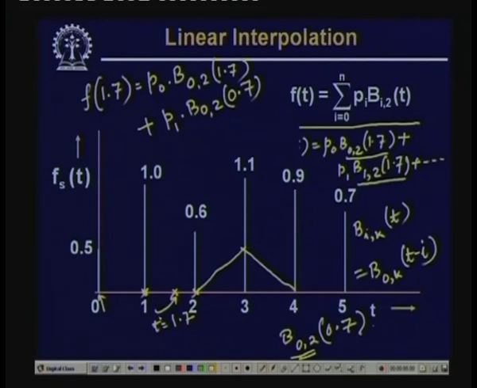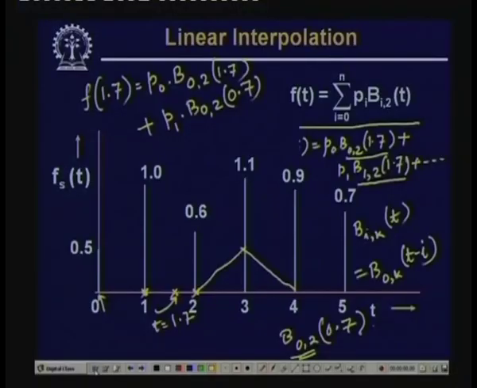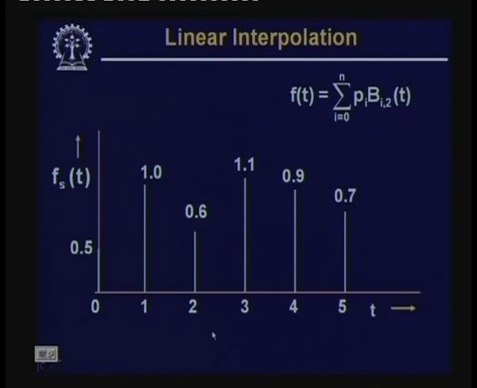When I am trying to compute the value at t equal to 1.7, the contribution only comes from the sample values at t equal to 0 and t equal to 1. But this approximate value does not have any contribution from t equal to 2 or t equal to 3. So, the interpolation or approximation that you are doing is very much biased, because it is only considering the sample values to the left of this particular point. We are not considering the sample values to the right of this particular point t equal to 1.7. So, that is a problem with this basic interpolation formula.